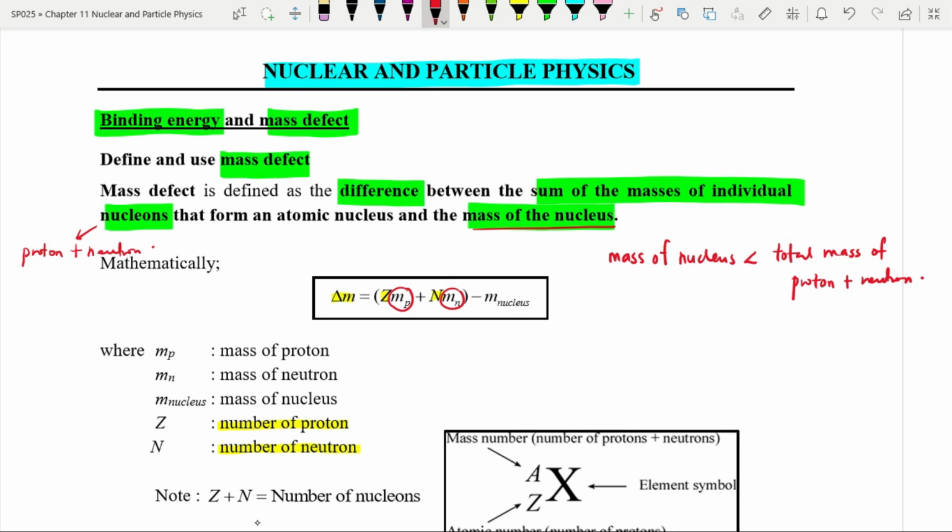So we get the total mass of protons and neutrons for a specific atom. Z is for protons, N is for neutrons.